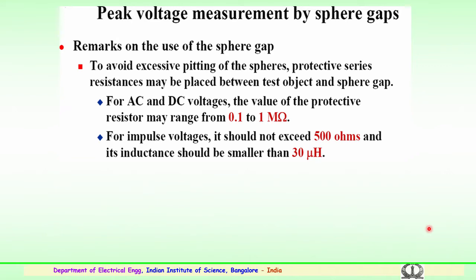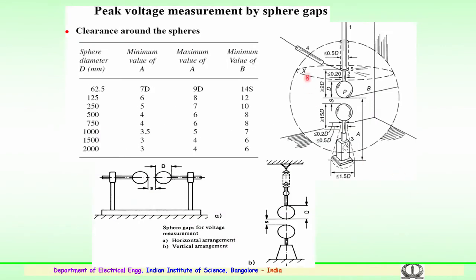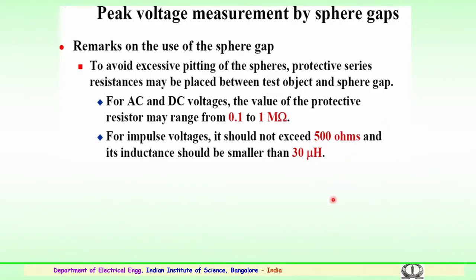So, there should be a protective series resistance, that is the intention of going in for the series resistance, as shown here, placed between the test object and the sphere gap. For the case of AC or DC voltage measurements, a typical value for the protective resistor may range anywhere between 0.1 to 1 megohms, depending upon AC or DC.